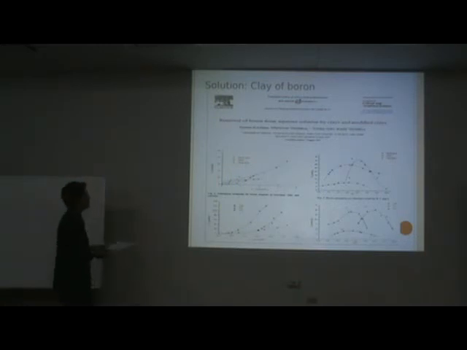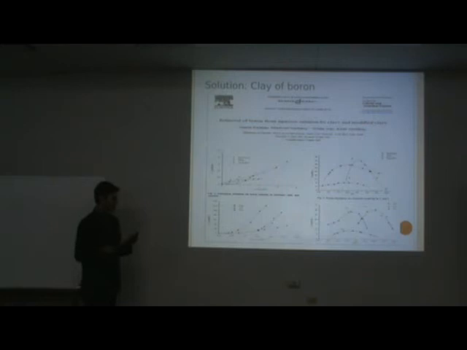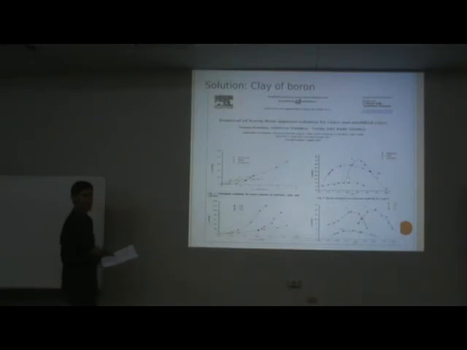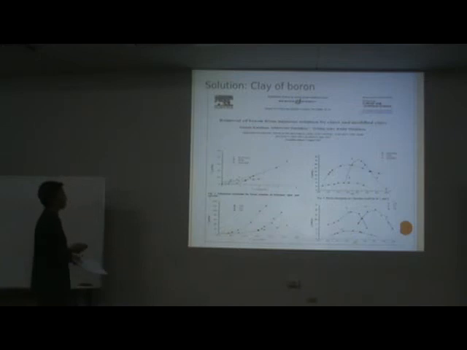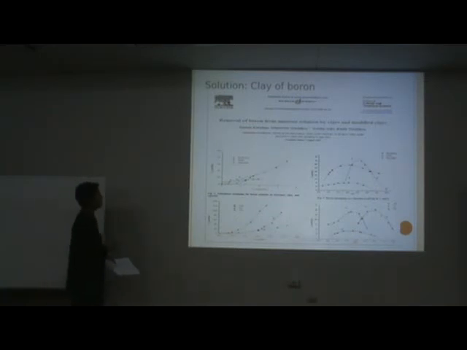They use these clays as absorbents for boron, and they use the Freundlich equation to determine the free energy and determine if the absorption of boron corresponds to an ion exchange or a physical absorption, and they conclude that it's a physical absorption.